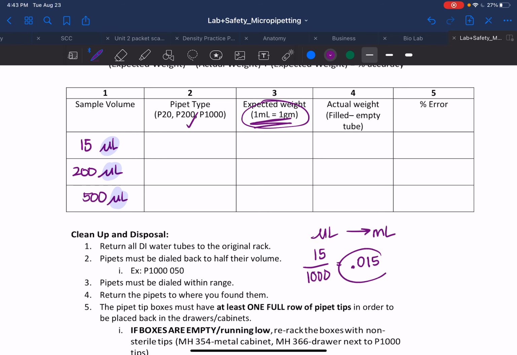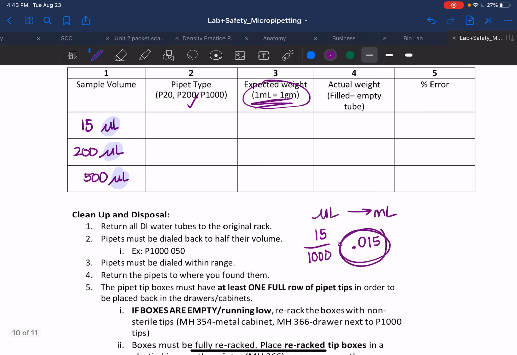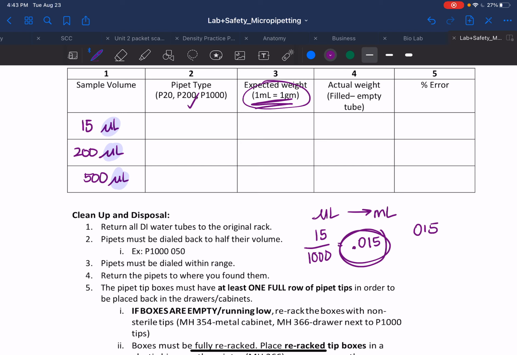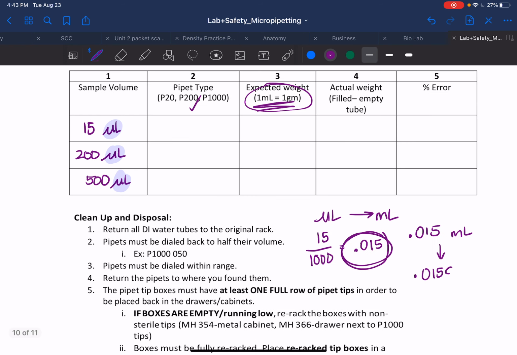So this number right here is going to be 0.015 ml, and since it's a 1-to-1 ratio, you would get 0.015 grams, which is what you're going to write over here. Oh, too many zeros. Grams, right? Because weight is measured in grams.